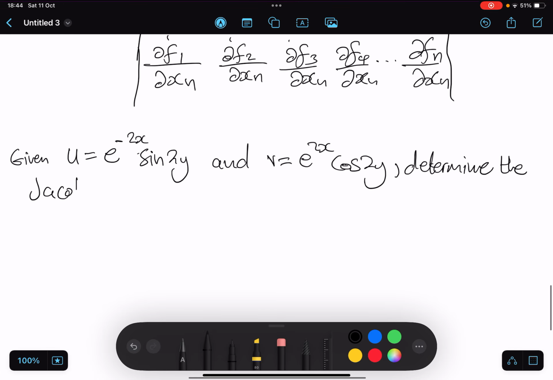This is also part of the lecture notes. This is one of the typical examples that was in the lecture notes.